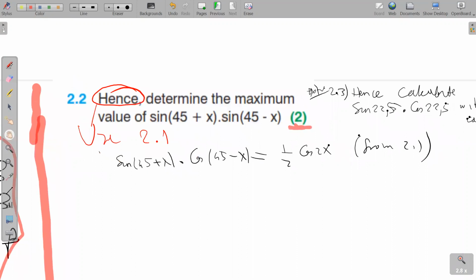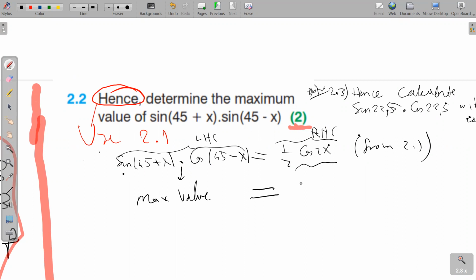So this question is set so that the left-hand side is this one and this is the right hand side. They are absolutely equal. We proved it before in 2.1. So the question is, what is the maximum value of the left hand side? Of course, it must be equal to the maximum value of this one.